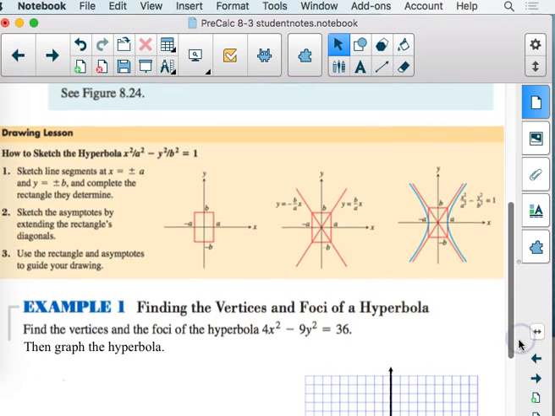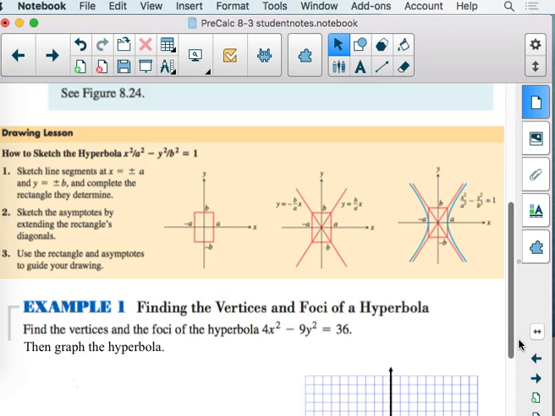So here's where they get different. When we were making our ellipses before and we found A and B, we put them on there and then we just tried to round everything up so it looked like an A. What we're trying to find with hyperbolas is a box to give us our asymptotes. Because asymptotes, remember, are lines that we approach, but we never quite make it there. So once we know A and B, we're going to make a helper box.